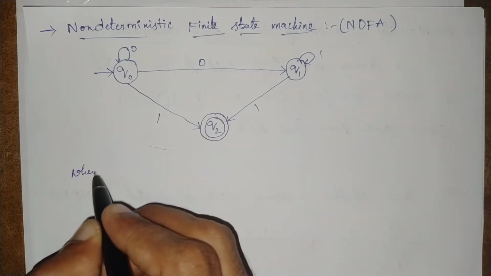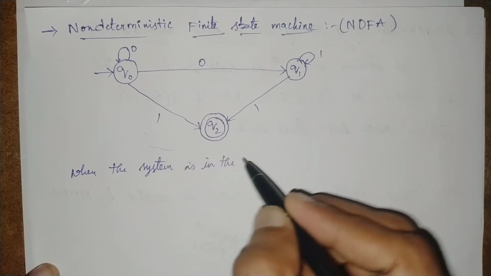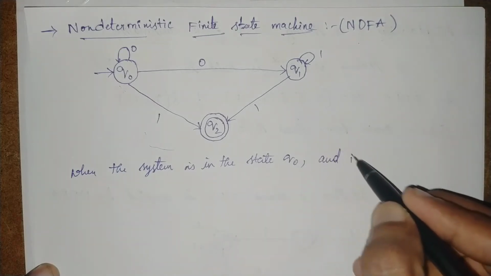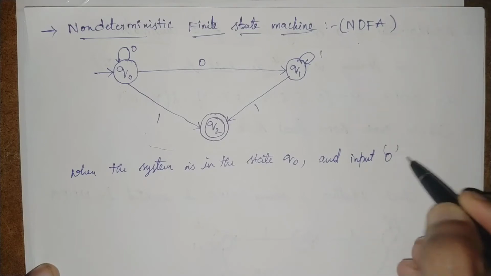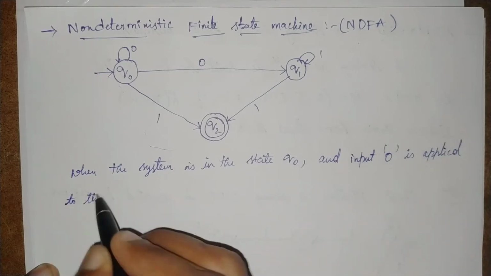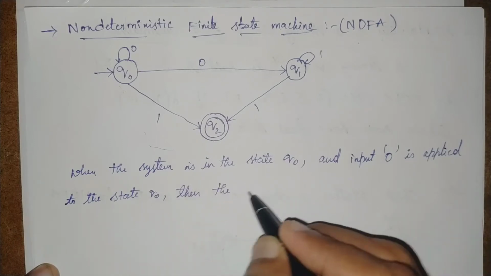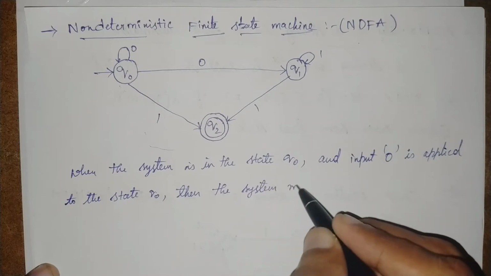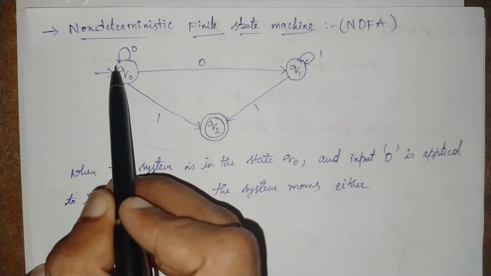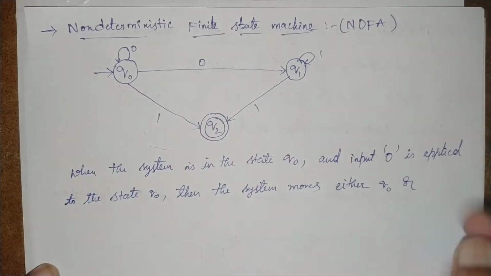So when the system is in the state Q0 and input 0 is applied to the state Q0, then the system moves to either Q0 or Q1.